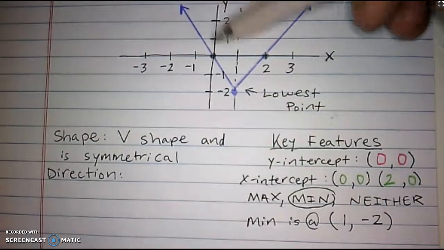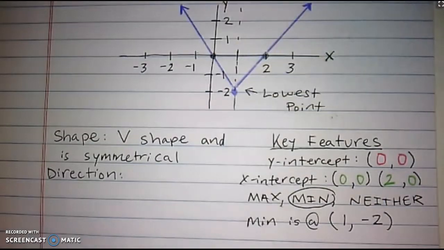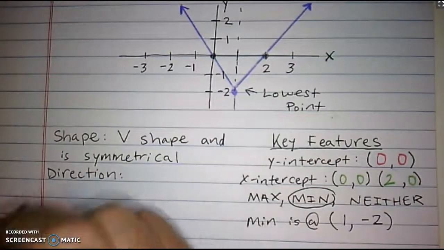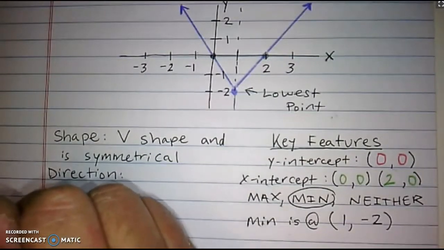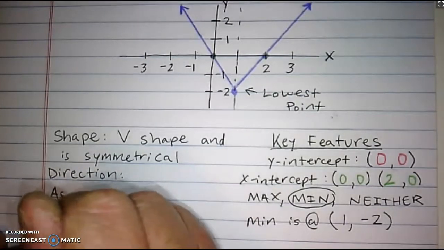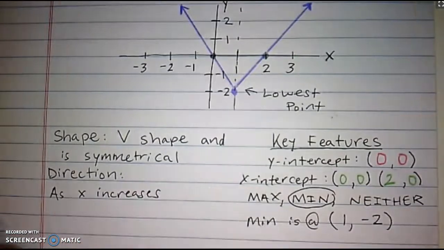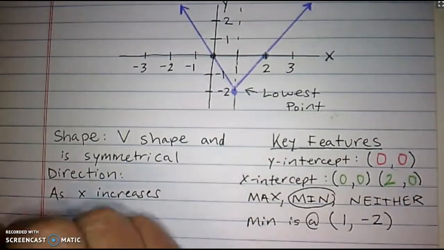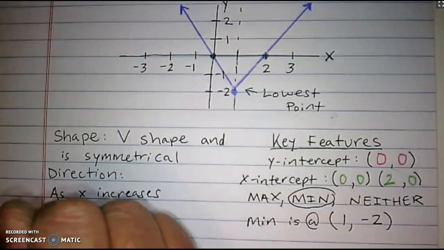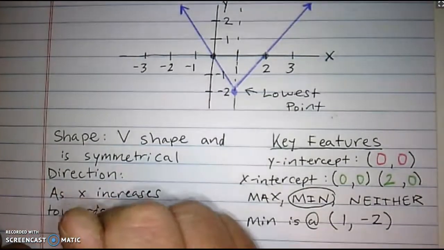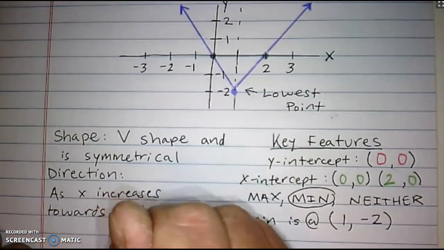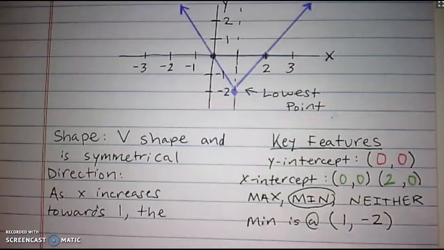Now, what's interesting about this is that this graph has two directions. So I've got to be careful how I describe this. So what I might say is something like this. As x increases towards 1, the y values decrease.